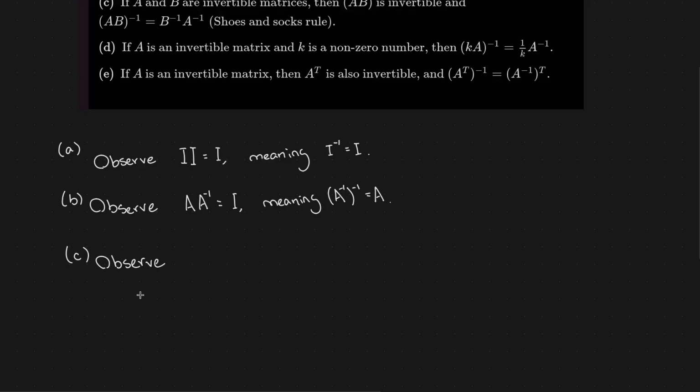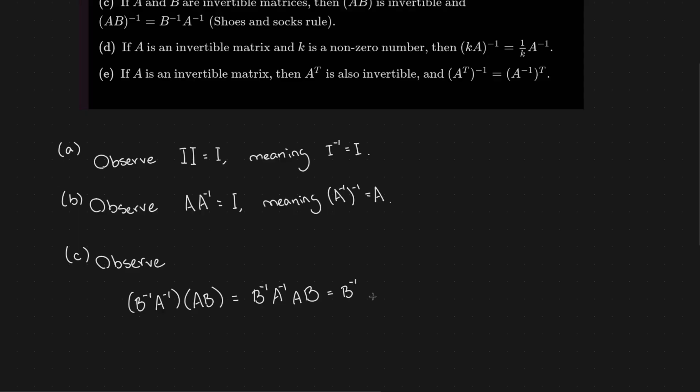Observe. All I'm going to do is take B inverse A inverse, and multiply it by matrix AB. And if this is the identity matrix, then I have my answer. Well, I know A inverse times A is the identity matrix.